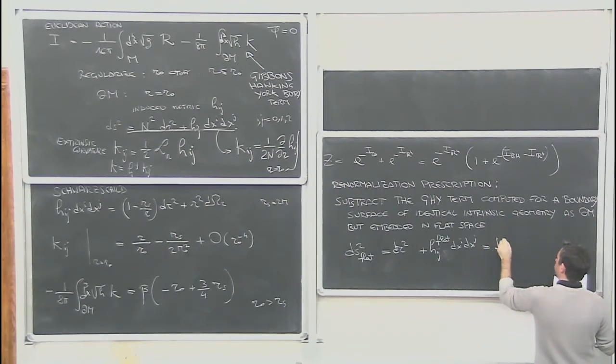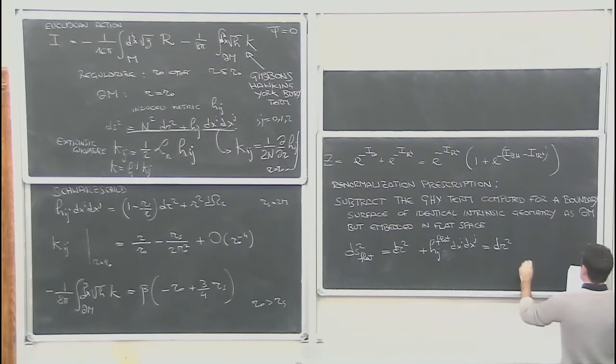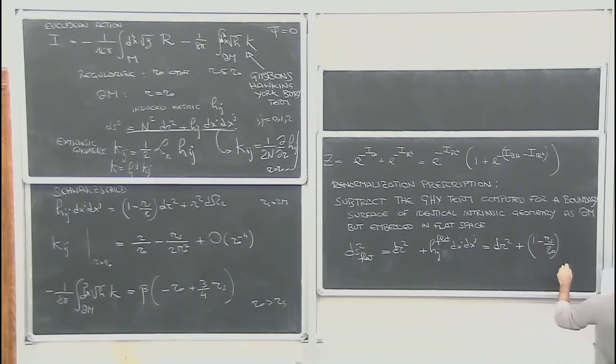This is dr squared; now I write, it is (1 minus r_s over r_0) d tau squared plus r squared d omega_2.